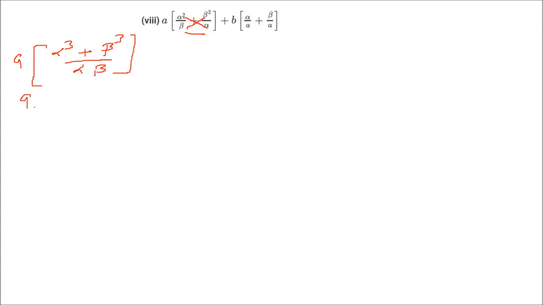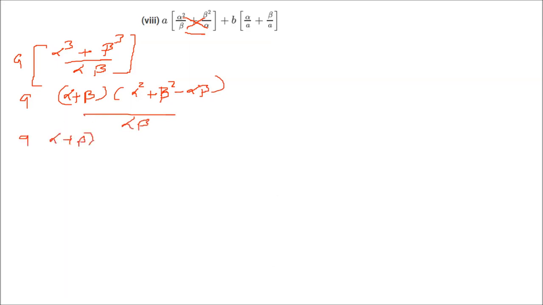We get alpha cube plus beta cube, which is equal to alpha plus beta into alpha square plus beta square minus alpha beta. Then you have alpha beta in the denominator also. So you have a, alpha plus beta, then alpha square plus beta square can be written as alpha plus beta whole square minus 2 alpha beta, minus alpha beta, by alpha beta.